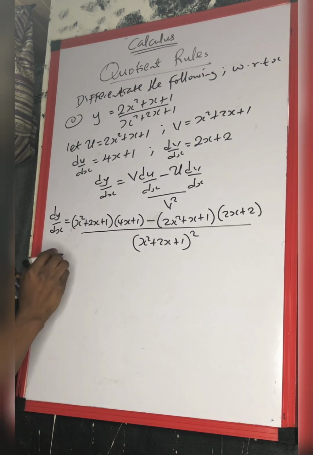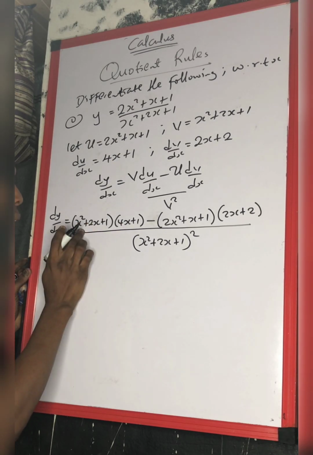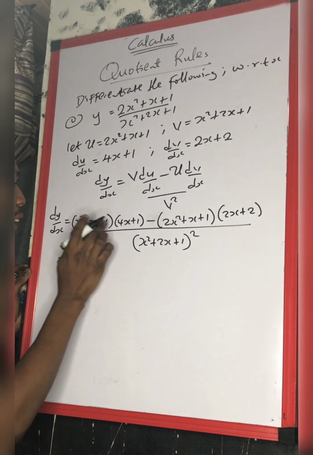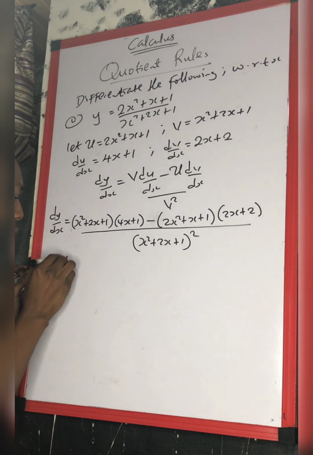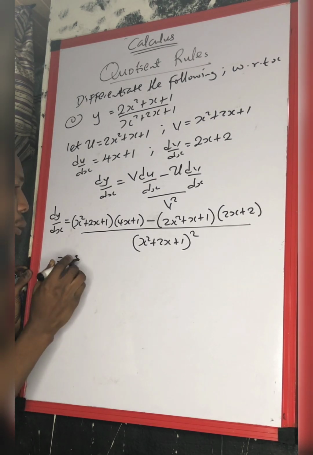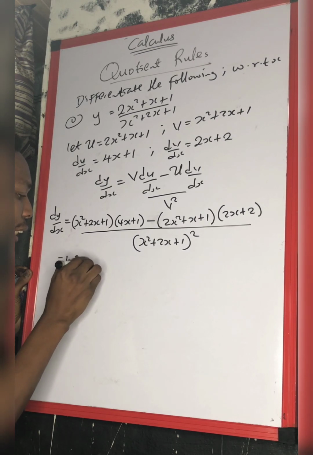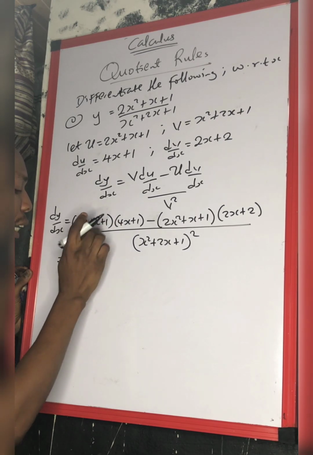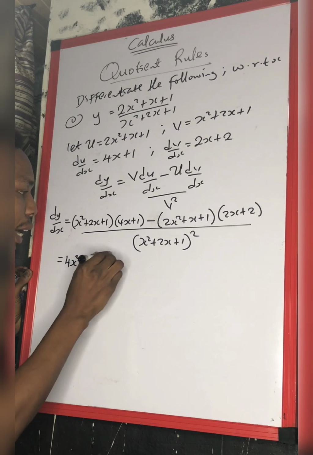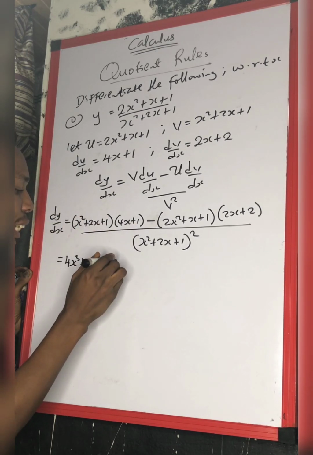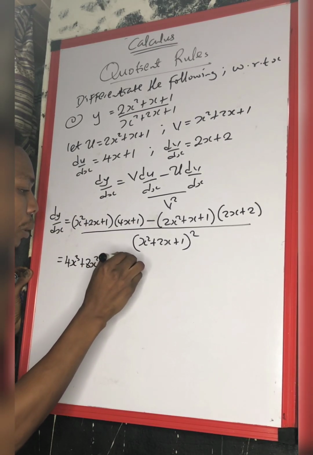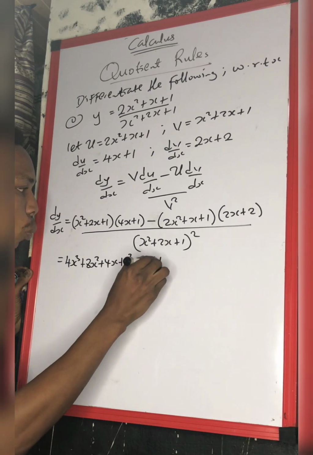So by opening that, we'll use 4x to multiply first before we use 1. 4x times x squared is 4x cubed. 4x times 2x is 8x squared. 4x times 1 is 4x. 1 times everything here is x squared plus 2x plus 1.